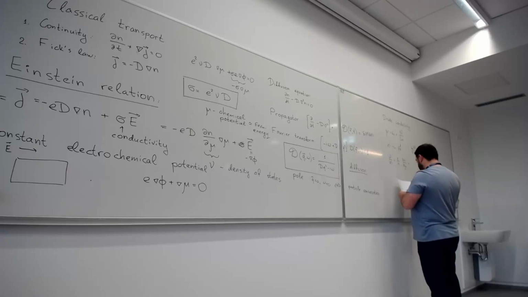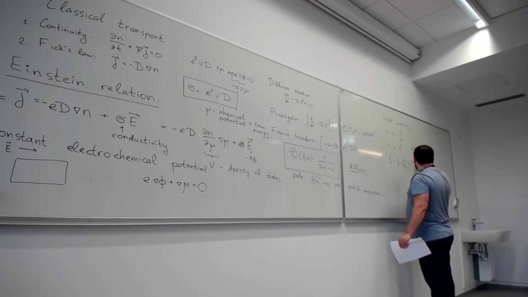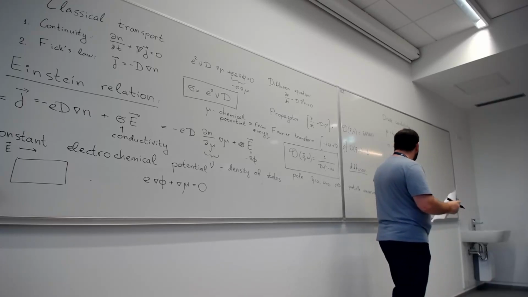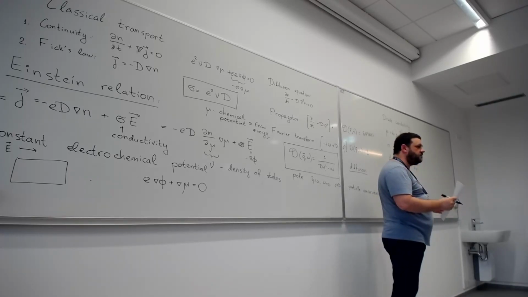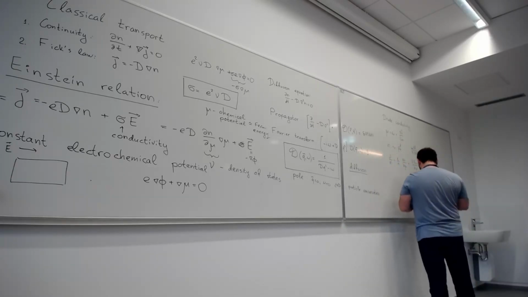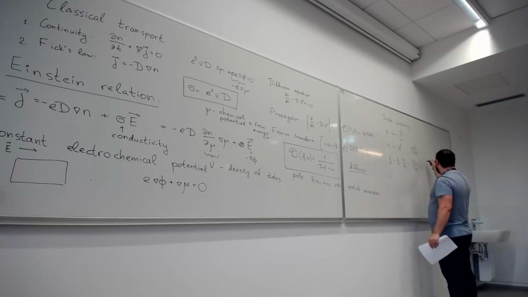This object here is the derivative of the logarithm of n by mu. Or I can put it like this, it's d log n over d p Fermi divided by d mu over d p Fermi.